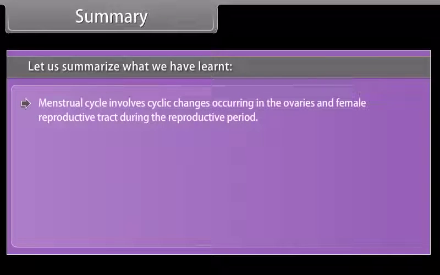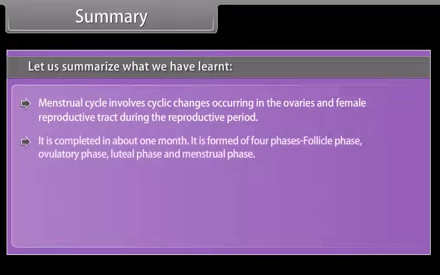The menstrual cycle involves cyclic changes occurring in the ovaries and female reproductive tract during the reproductive period. It is completed in about 1 month. It is formed of 4 phases: follicular phase, ovulatory phase, luteal phase, and menstrual phase.